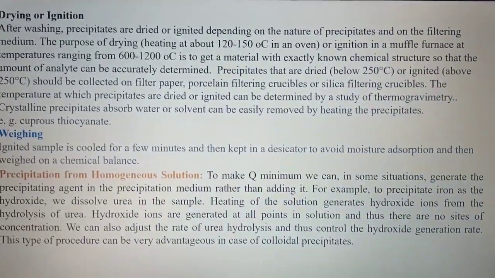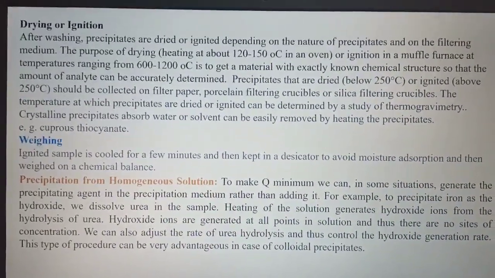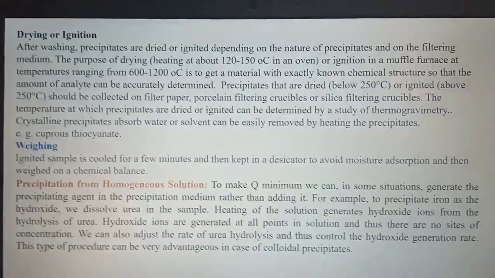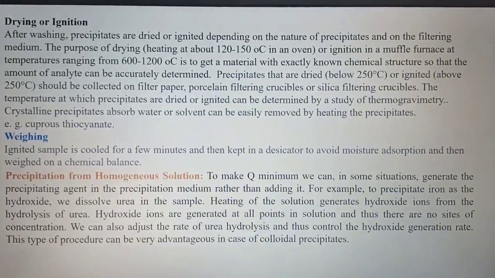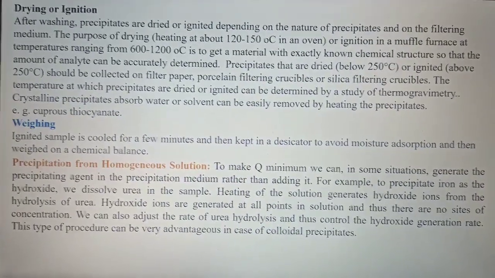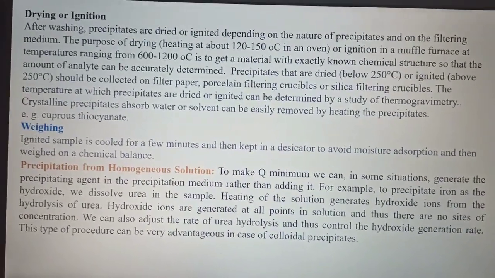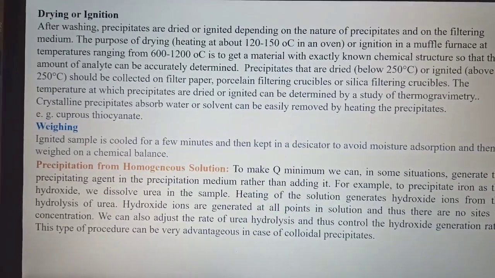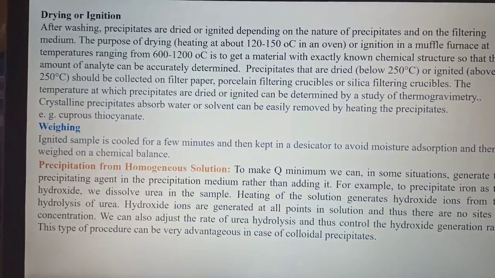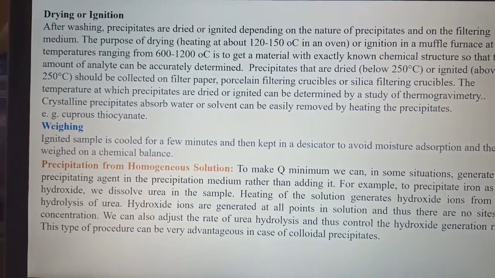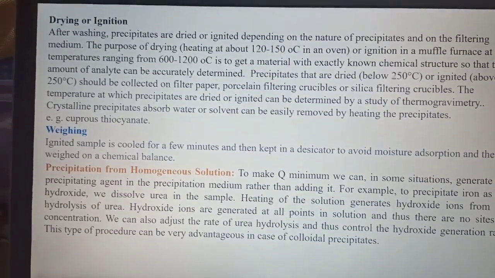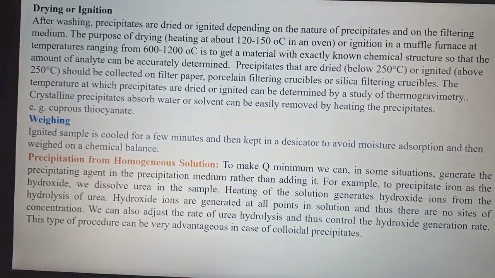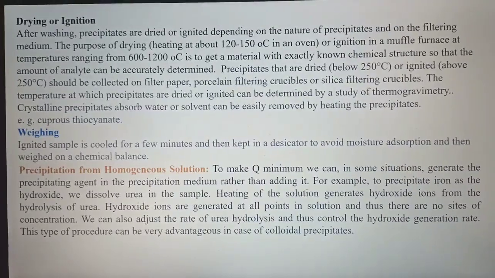The last step involved in this process is drying and ignition. Drying and ignition is a process in which whatever amount of the precipitate is filtered in the filter paper is heated around 150 to 200 degrees in a normal condition, or else it should be heated around 600 to 1200 degrees centigrade in a proper way.